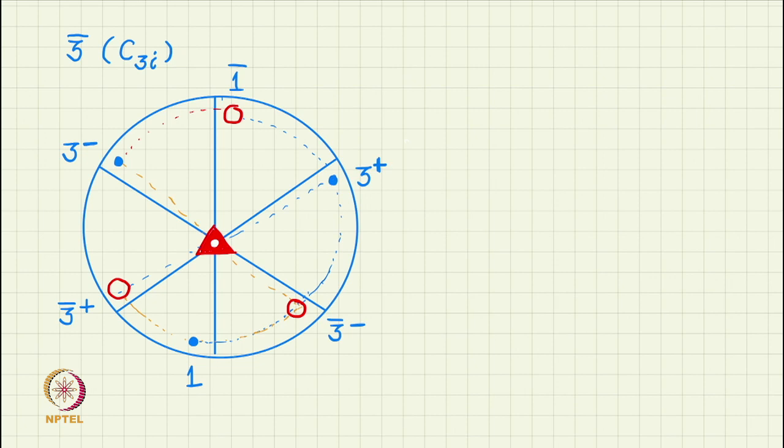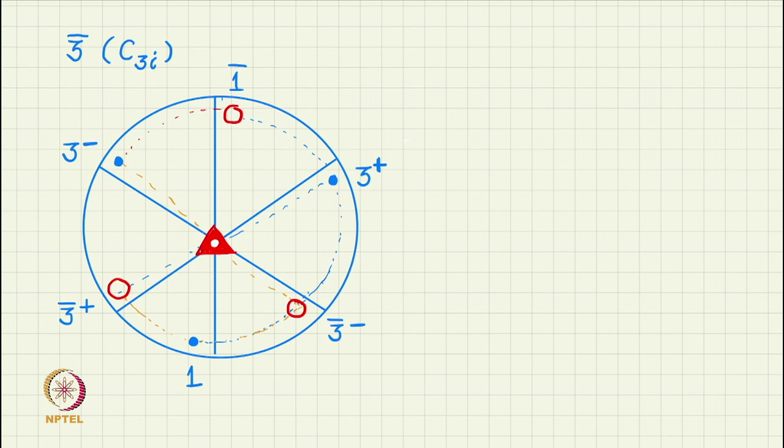So, just like we got 3 bar plus by 120 degree anticlockwise rotation and inversion, this one you will get by 120 degree clockwise rotation and inversion. A further operation of 3 bar on this brings us back to 1. So, the group is now complete.